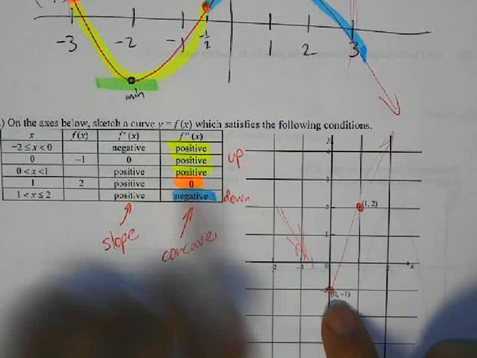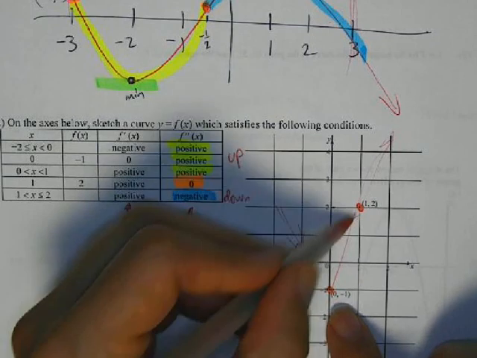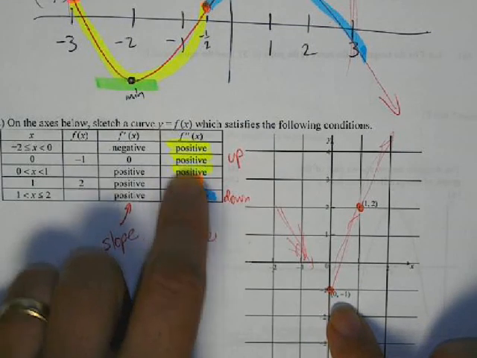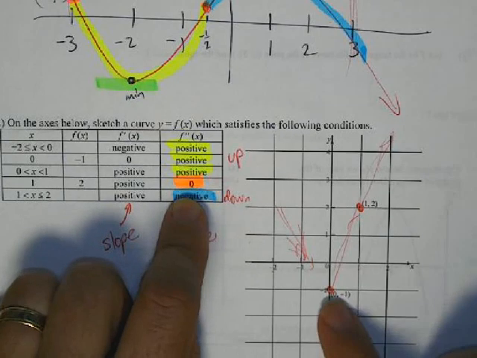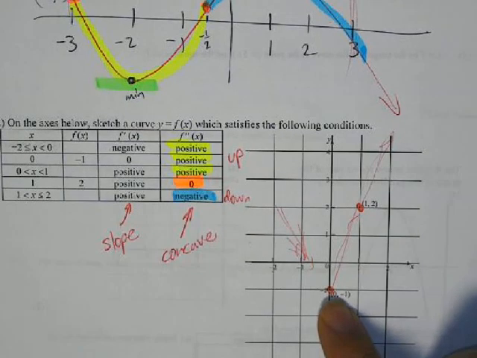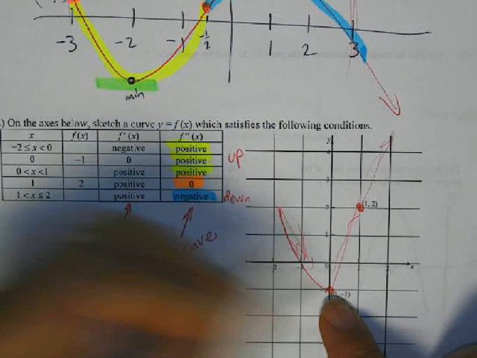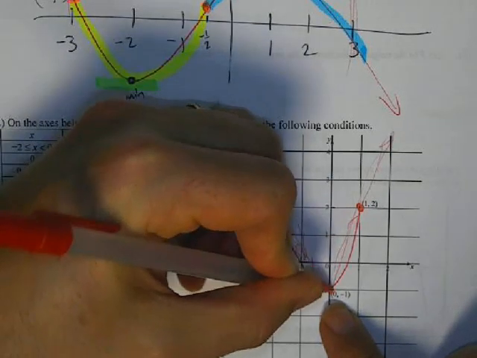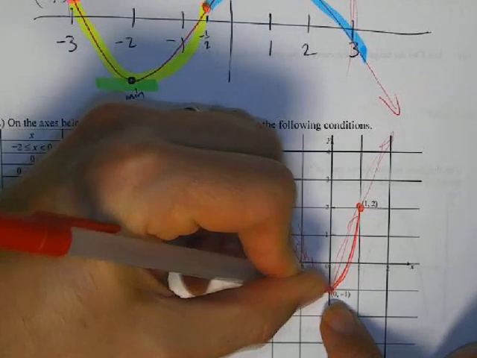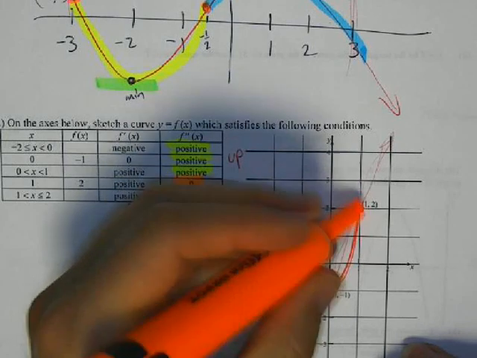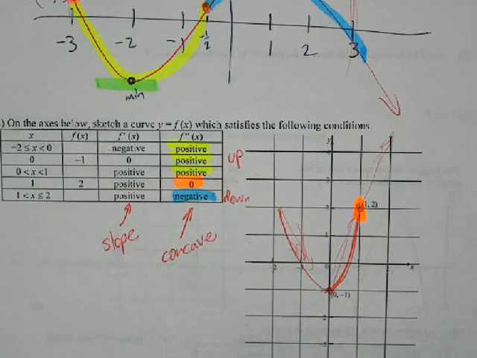I just drew this really lightly to determine what we're doing. We have positive, positive, positive until here. So this means we have concave up, and from here to here we have concave up. It looks like a cup. And then we have our inflection point, and now it's concave down.